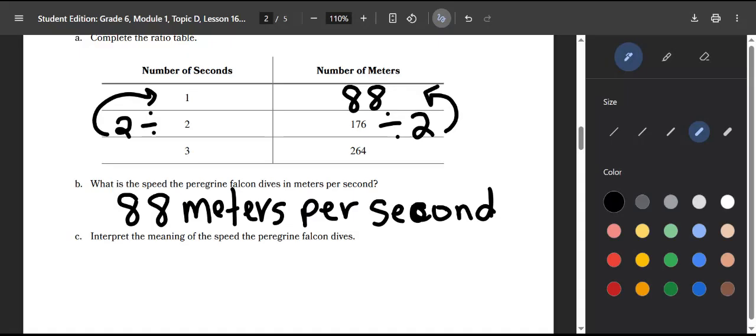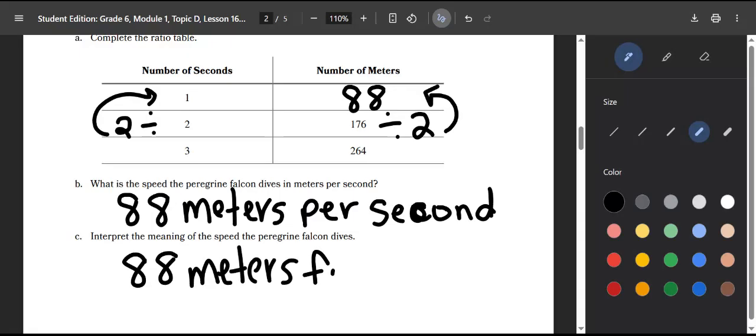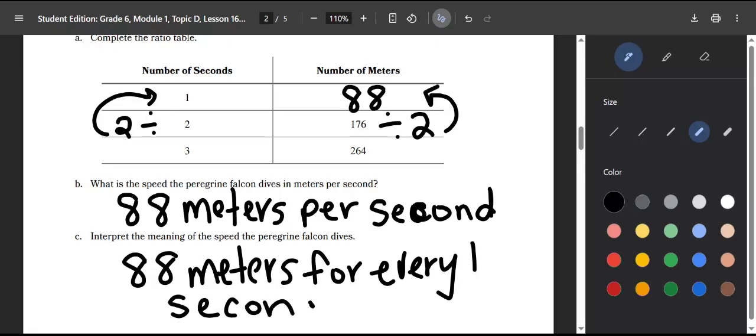All right, C says, interpret the meaning of the speed the peregrine falcon dives. So basically, the peregrine falcon dives 88 meters for every 1 second.